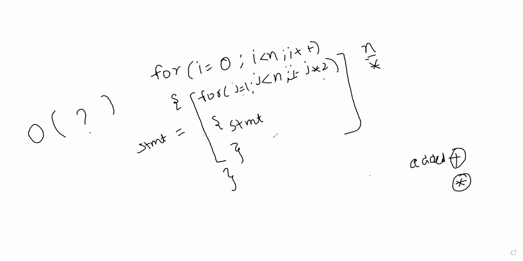So what is the time complexity of this statement now? For this statement, j equals 1, j is less than n, j equals j times 2.